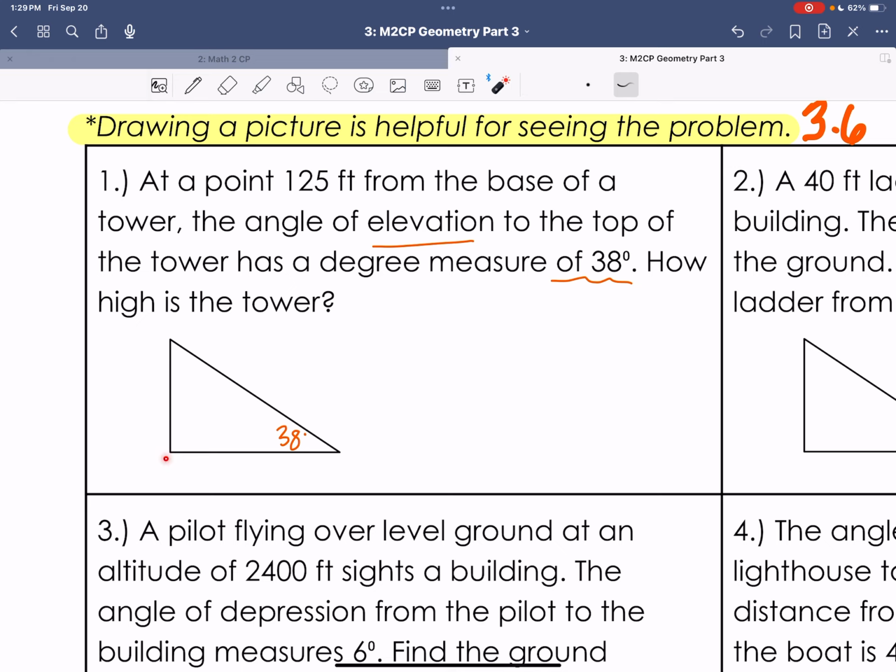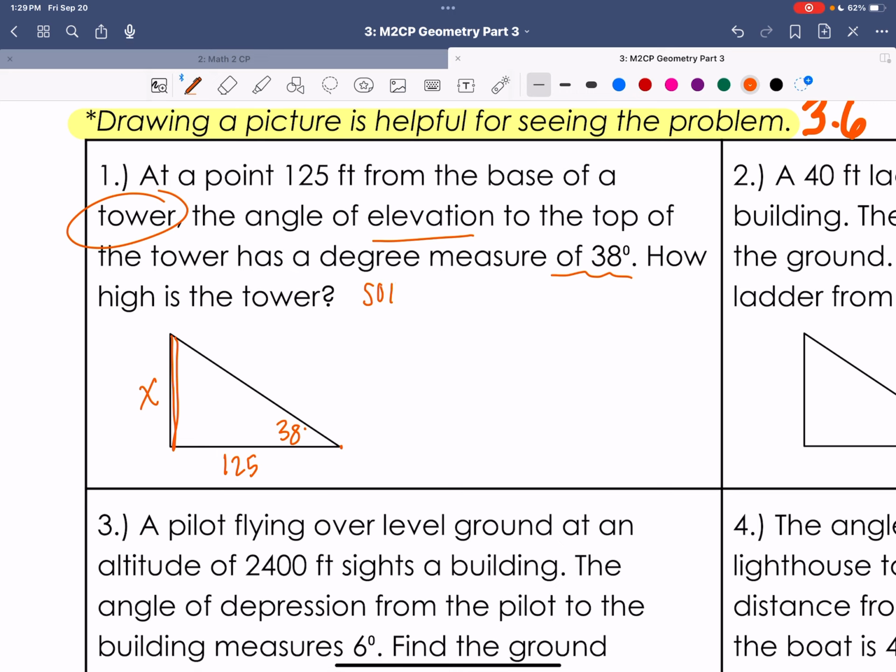So if we're looking for the tower, this is the tower right here. And 125 feet away from the tower is here. All right, so now we are looking for how tall the tower is. So let's think about what information we need and what we have.